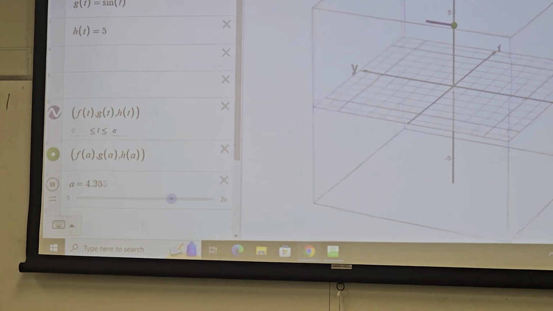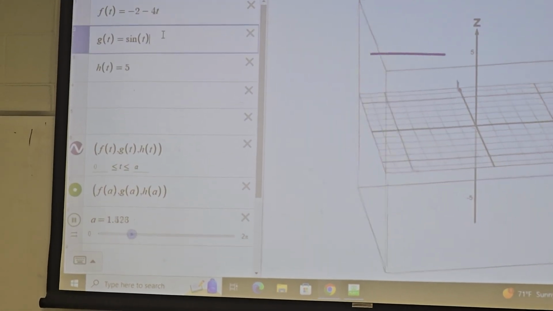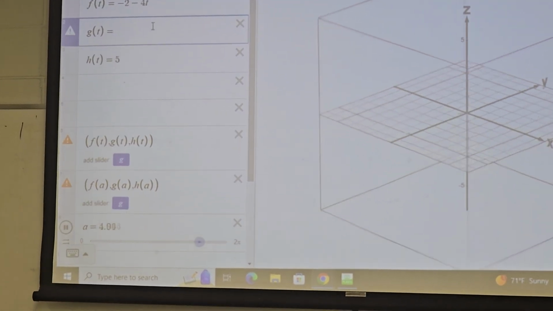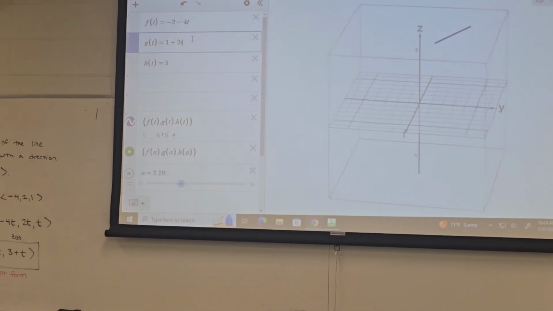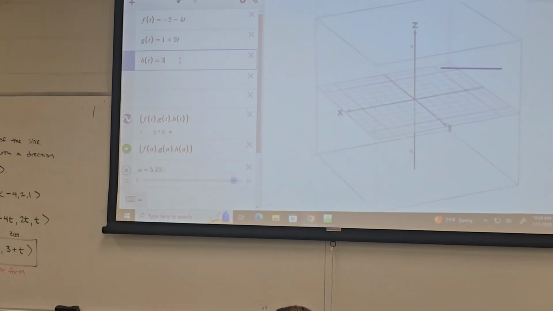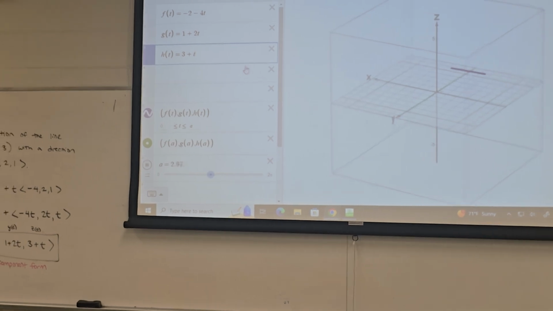Where my x of t is -2 minus 4t. My y of t is 1 plus 2t. My z of t is 3 plus t.